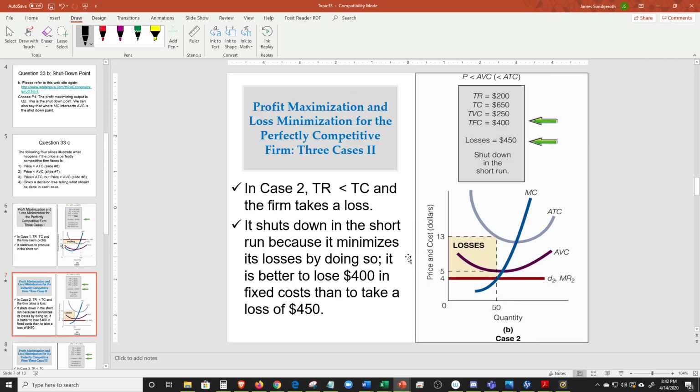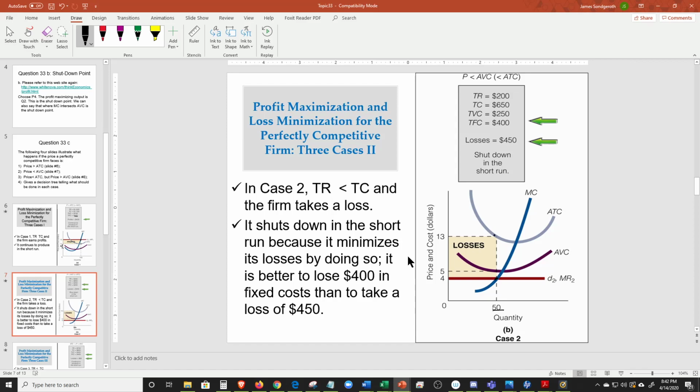Now we're where the firm won't produce at all. If the price is 4, marginal revenue is the same as price. Marginal revenue equals marginal cost. The firm might produce 50, but notice that it cannot even cover all of the average variable cost.